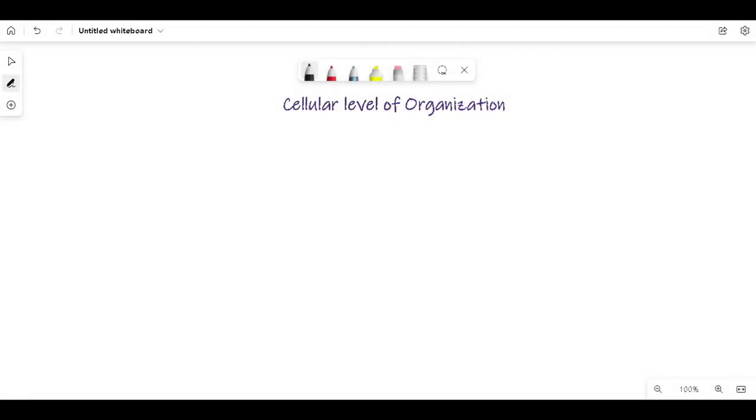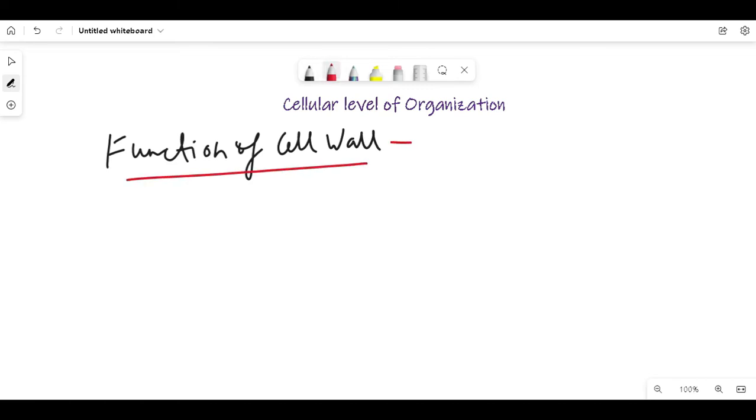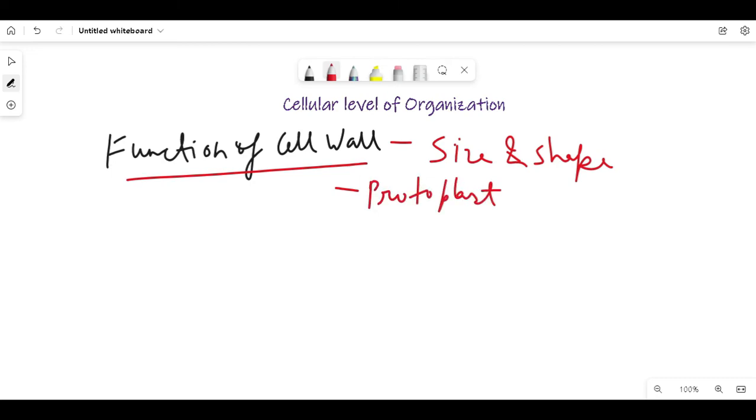Now we will study the function of cell wall. The function of cell wall is it gives definite shape and size to the cell, and protects the protoplast against mechanical injury and from the attack of pathogen.